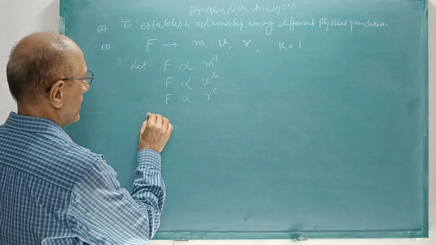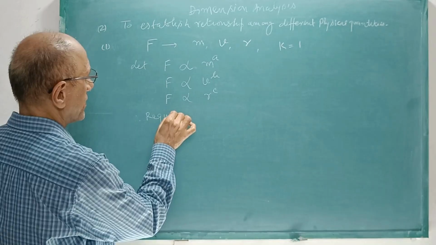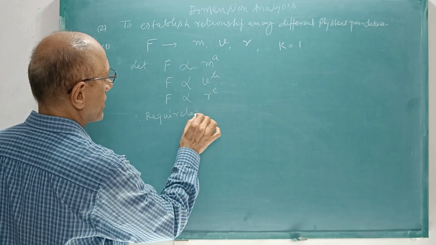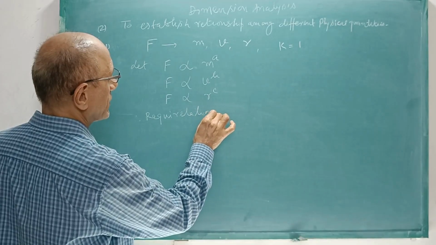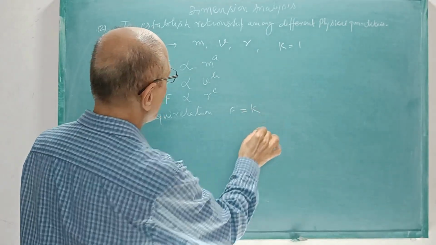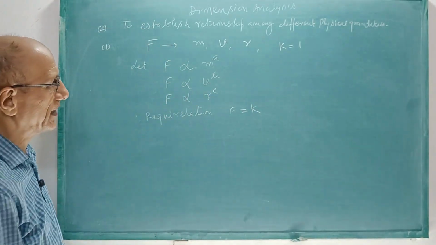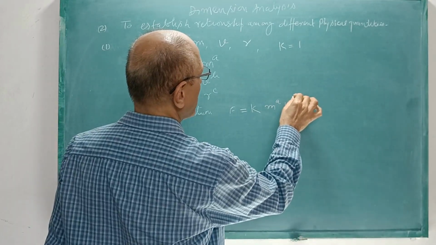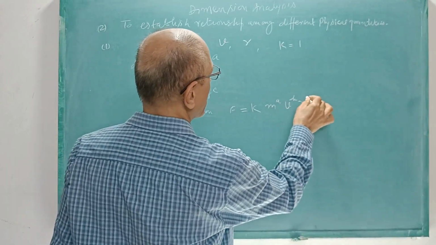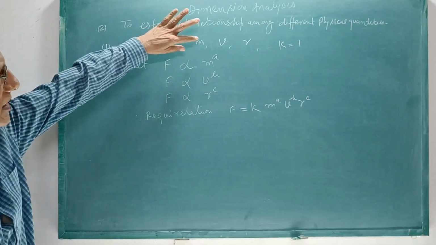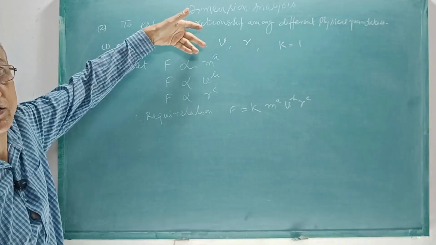Therefore, the required relation would be F equals some proportionality constant k, m raised to power a, v raised to power b, and r raised to power c. हमें पता नहीं है किस पावर में जाएगा, इनवर्सली या डायरेक्टली.